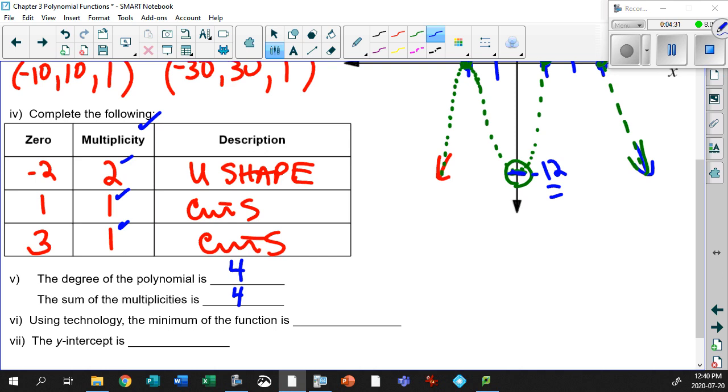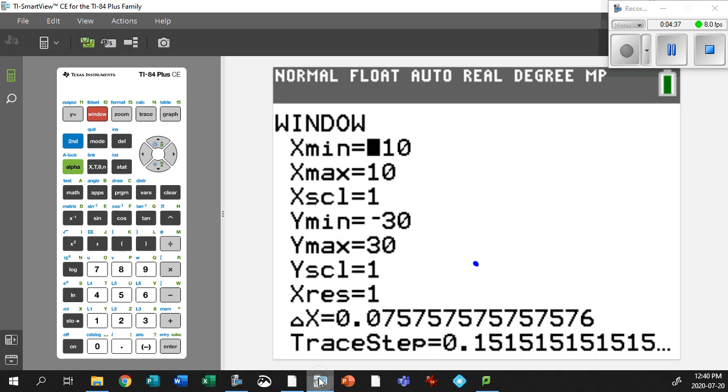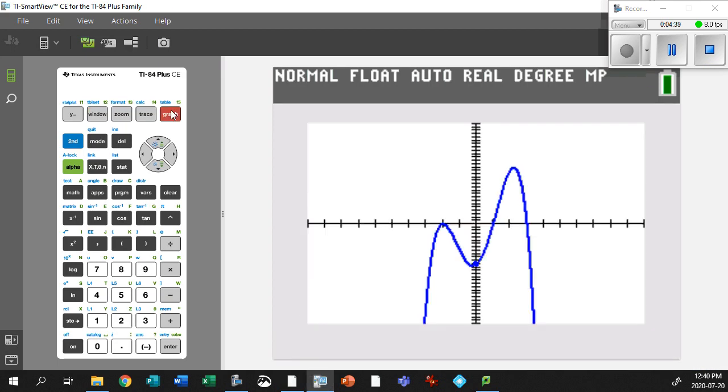Using technology, let's find the minimum of the function again. Oh, okay. Well, why don't we find the minimum and the maximum of this? Because after all, look at the way it bends. So we can find this minimum down here, which is pretty close to the intercept. So I'm going to predict it to be about -12.5, maybe -13. And then let's find this maximum right up here. Okay, second calc, here we go.